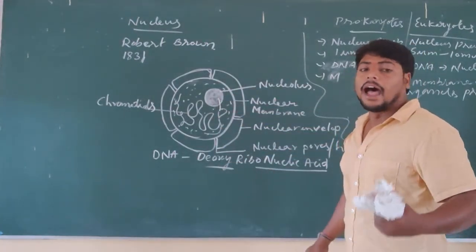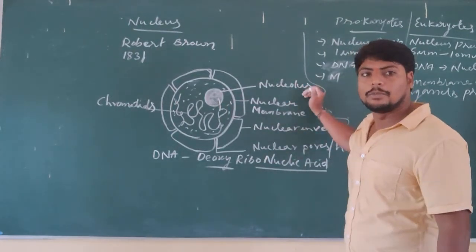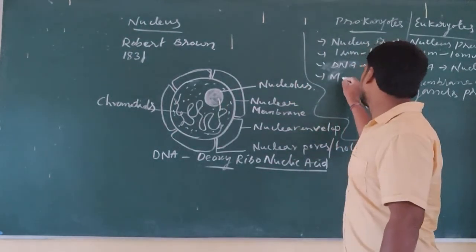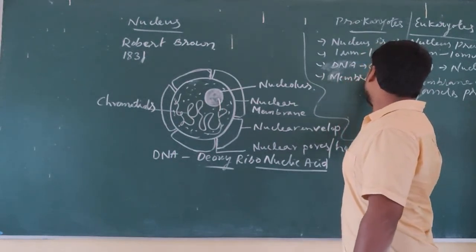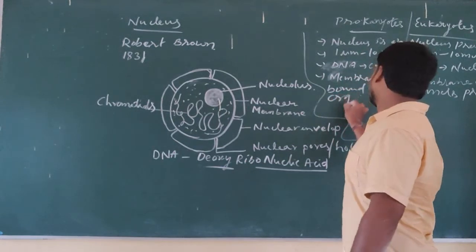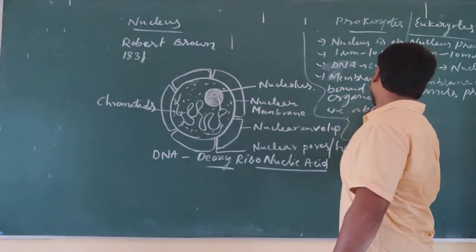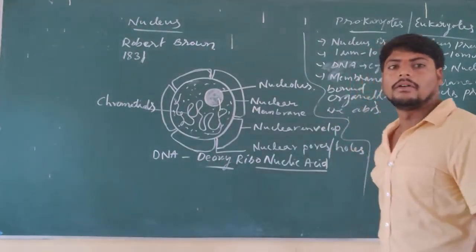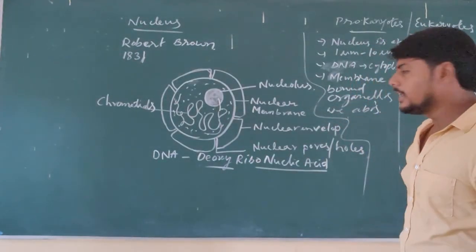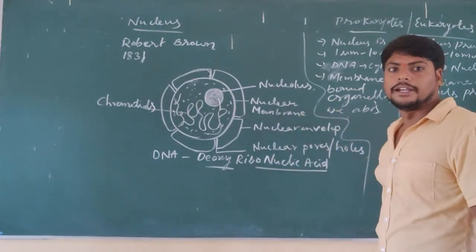But in prokaryotes they are not attached. So membrane-bound organelles are absent: mitochondria, Golgi apparatus, all these are absent.